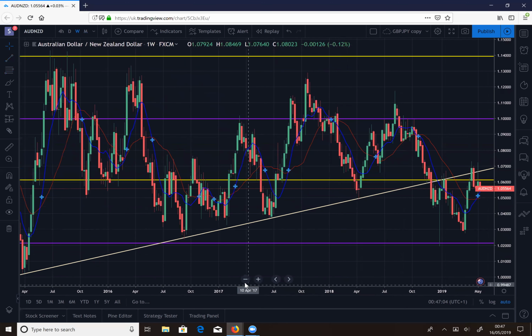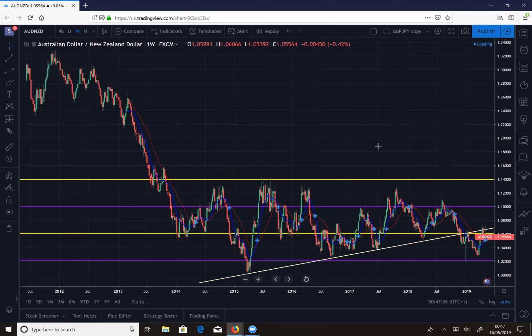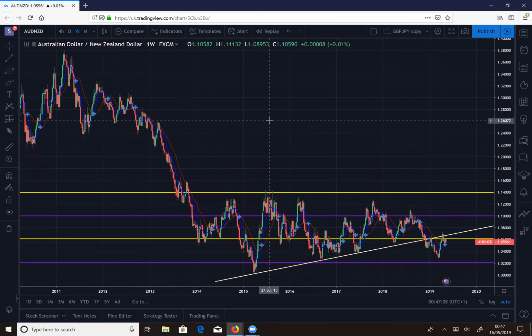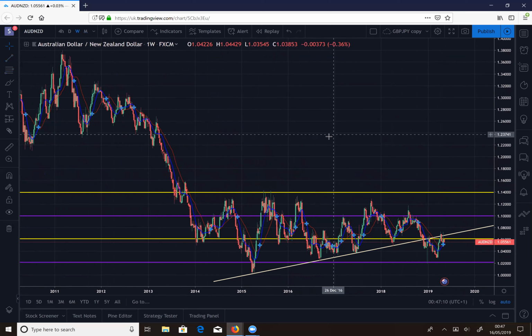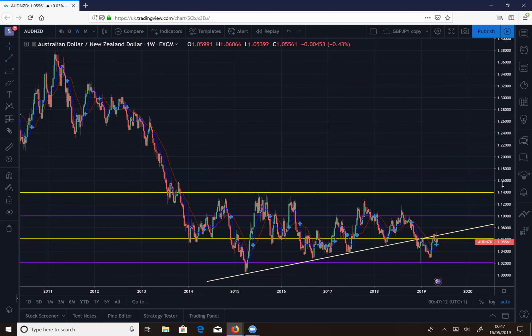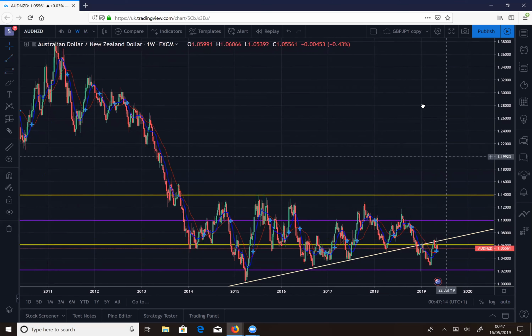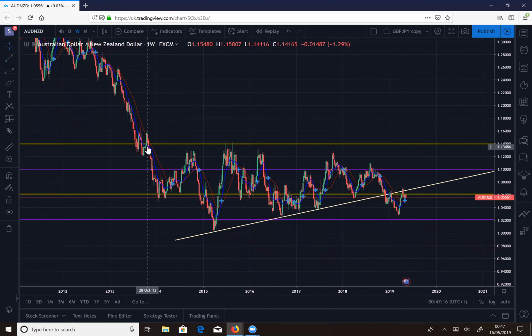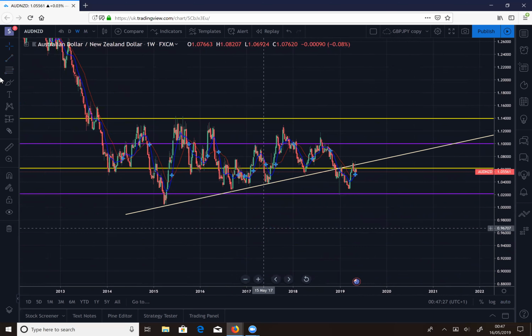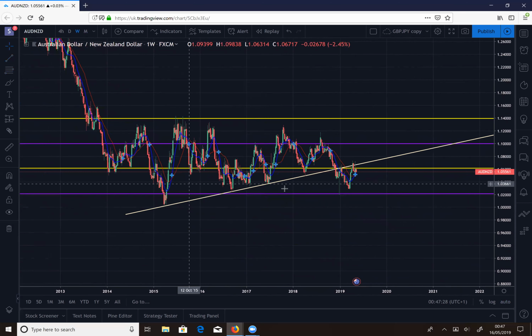Okay, then we have our weekly chart. Now we can see that price has been ranging between 1.14 and 1.02 since 2013. Okay, so we're pretty much range bound right now. All right, now really I could just do a big box and box this off.